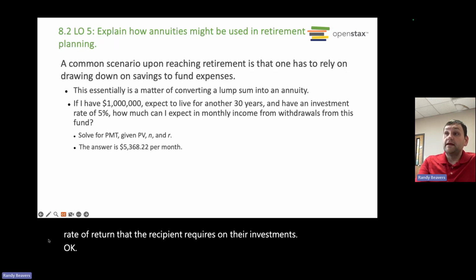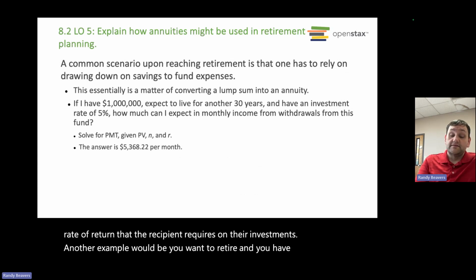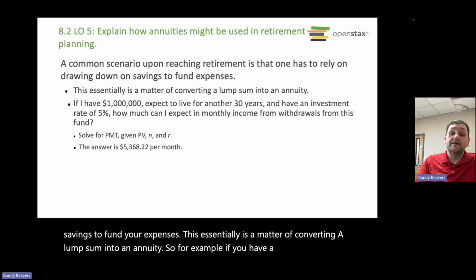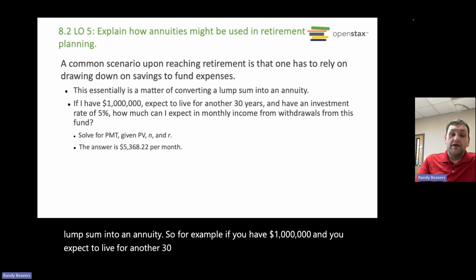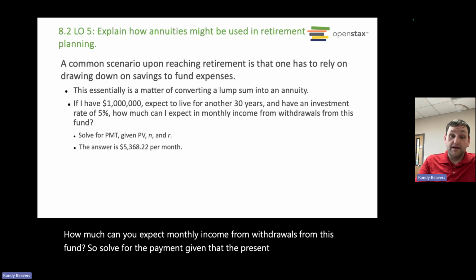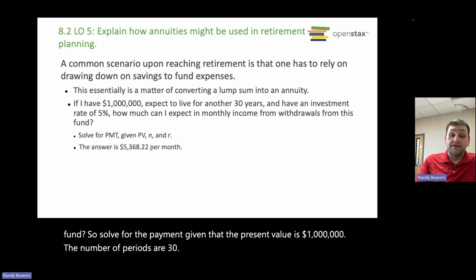Another example would be you want to retire and you have to draw down savings to fund your expenses. This essentially is a matter of converting a lump sum into an annuity. So for example, if you have $1 million and you expect to live for another 30 years, you have an investment rate of 5%, how much monthly income can you expect from withdrawals from this fund? So solve for the payment, given that the present value is $1 million, the number of periods is 30, and the interest rate is 5%.